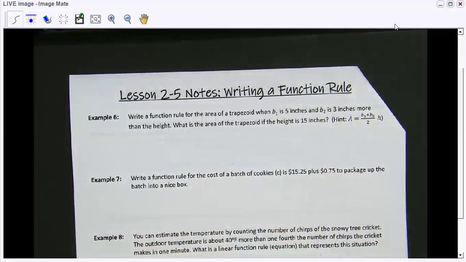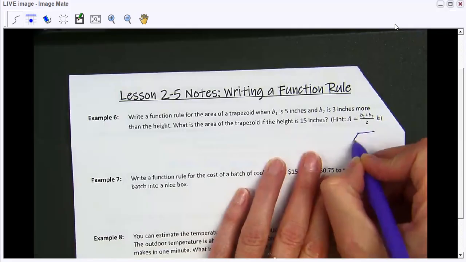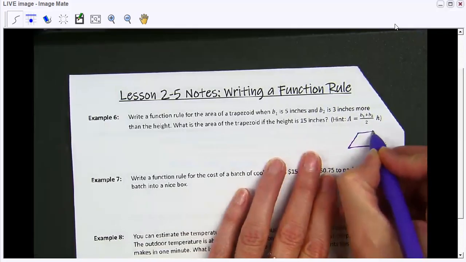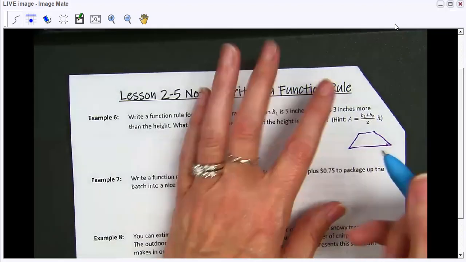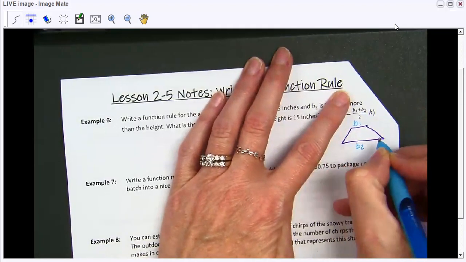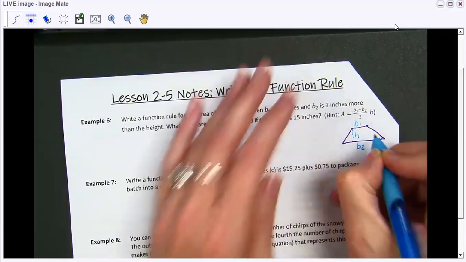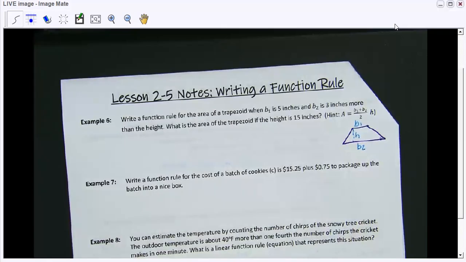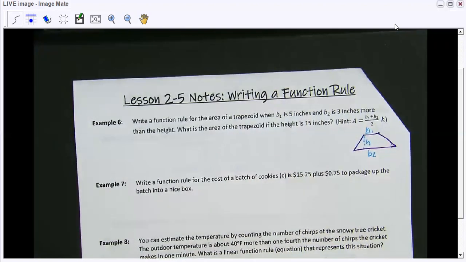And I don't know if you remember, a trapezoid can look something like this, where this is base 1, this is base 2. The height would be here, and then you would take base 1 plus base 2 divided by 2, and then multiply that all by the height. So let's go ahead and write some of these expressions.